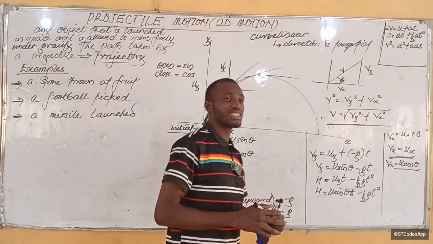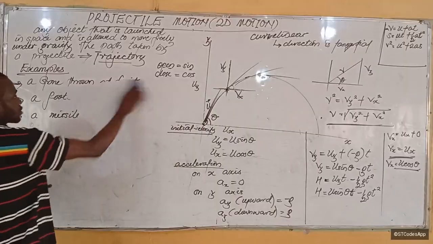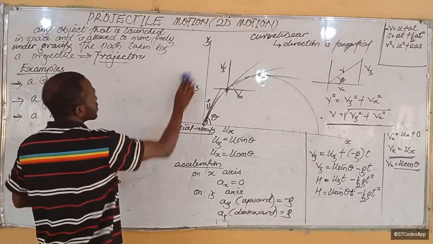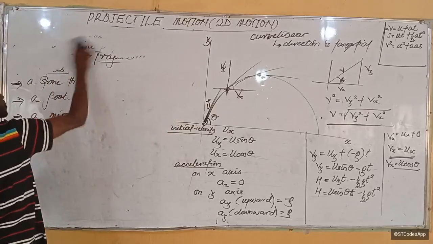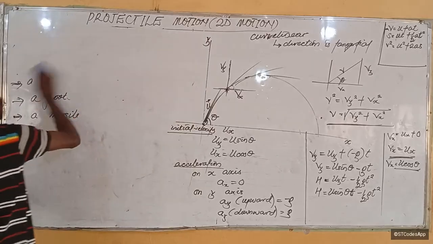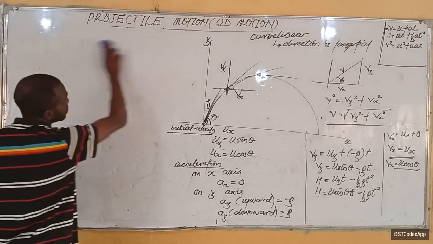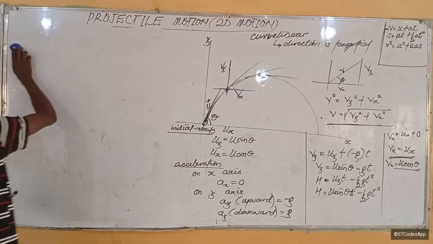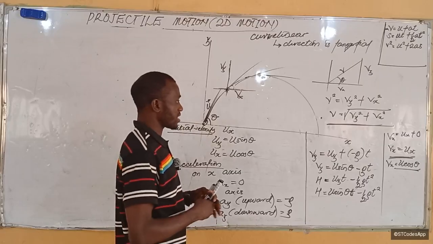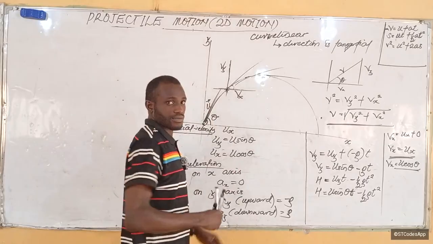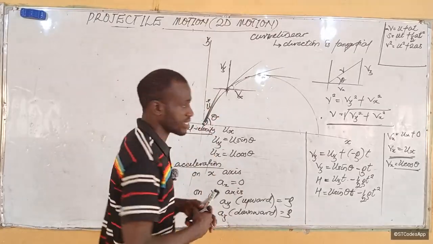All right. Now let's derive some equations that are pertinent to projectile motion. The first equation that we would like to derive, which I've derived times without number for you, is this. But maybe I will just try to change the method that I'm using to derive. Let's see if I can alter things here. The first thing we want to know is, what is the total time of flight for this body?